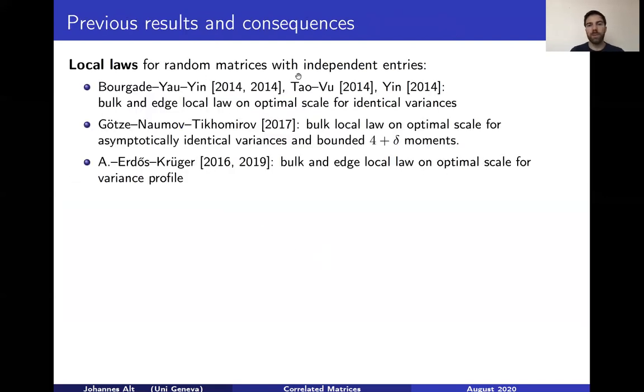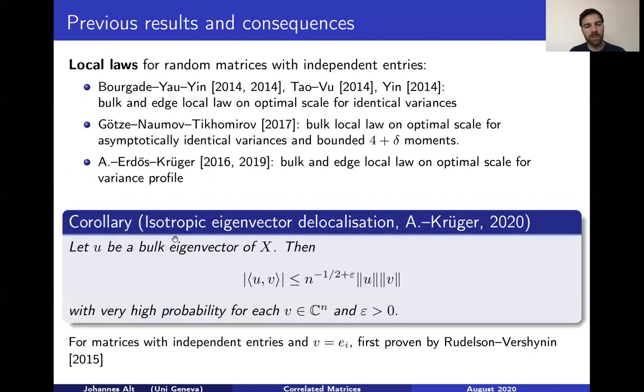For random matrices with independent entries, such local laws have been obtained before. Here are some references. And the local law has an interesting consequence, which is the isotropic eigenvector delocalization. If I start from a bulk eigenvector u, then this corollary states that if I compute the overlap of u and v, where v is a deterministic vector, then this overlap is actually very small for any vector.